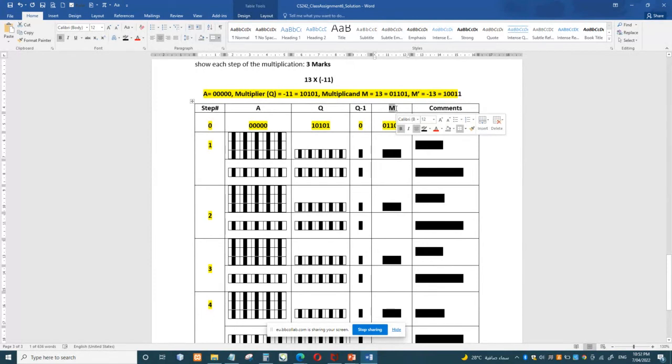In Q we always work with the least significant bit.